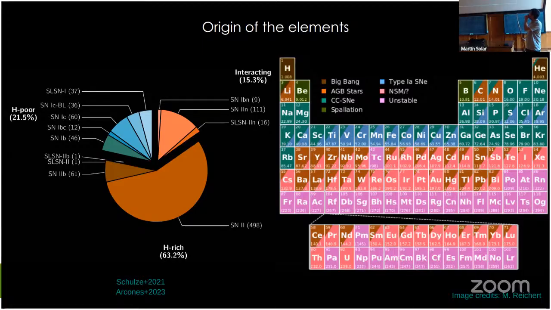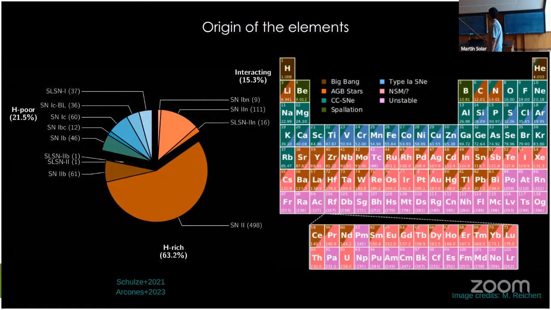Actually, I forgot to put it here, but carbon production is enhanced when you have a binary system and the binary system strips away the outer layers of the binary star. So maybe the carbon that came to our Earth could come from stripped envelope supernovae.